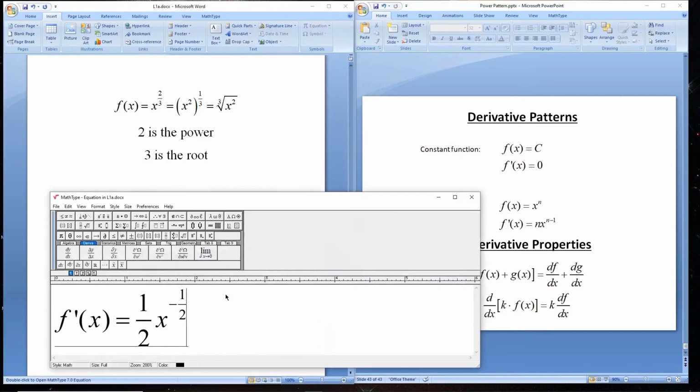Now, most likely, MyMathLab will want this written as positive exponents. And so to write this as a positive exponent, we'd have to move the x into the denominator. Which we could also write again as 1/2 square root of x.